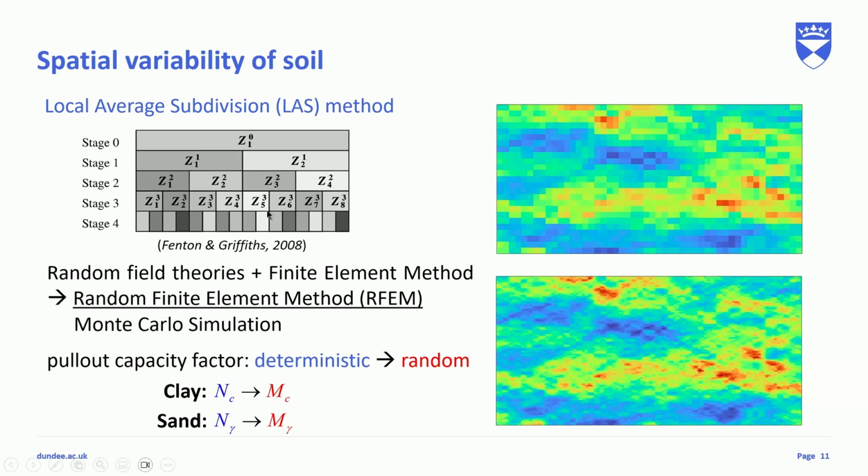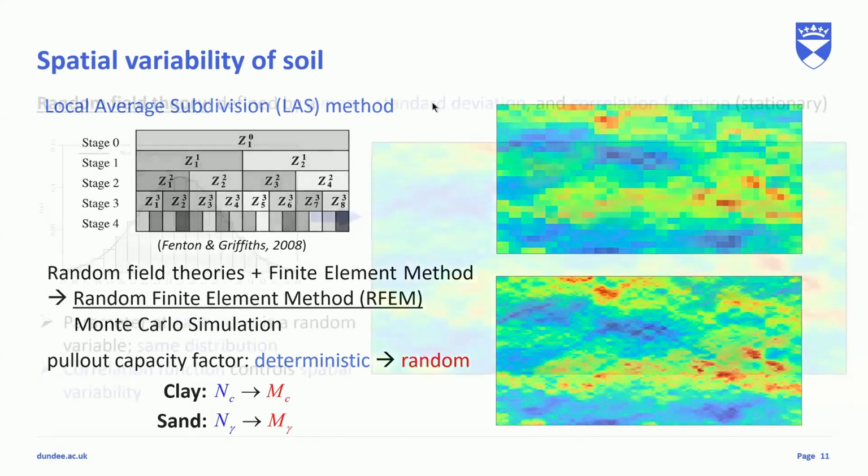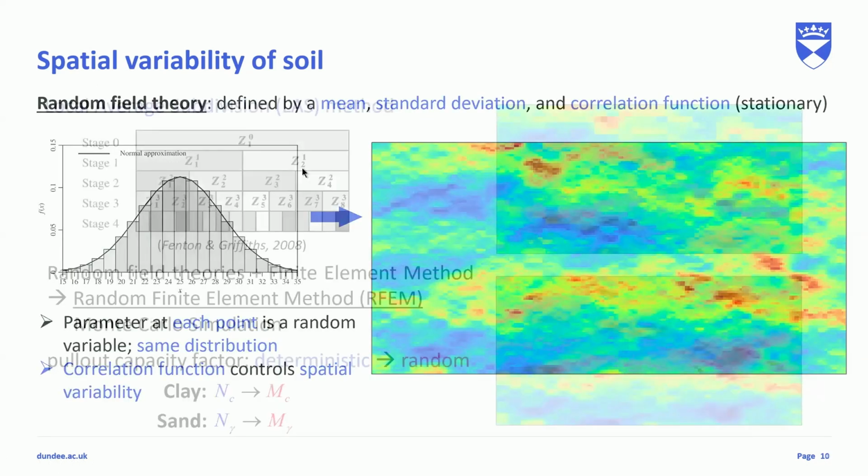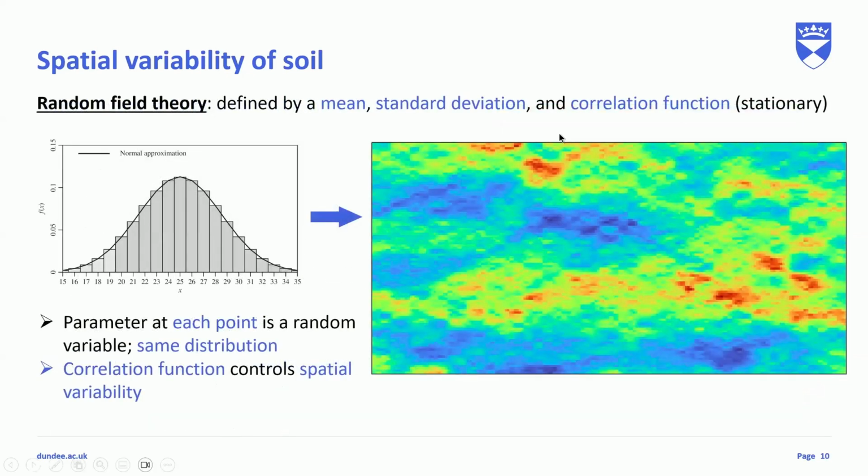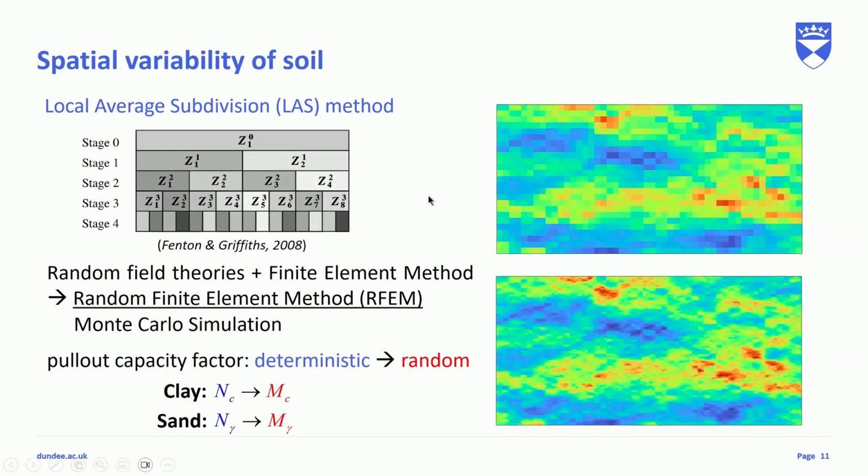It's kind of like the finite element. We have a very big element, and we divide it from 1 to 2, and the mean and standard deviation follow what we just defined, and the correlation structure follows the correlation function we defined. Then 1 to 2, 2 to 4, and 4 to 8.